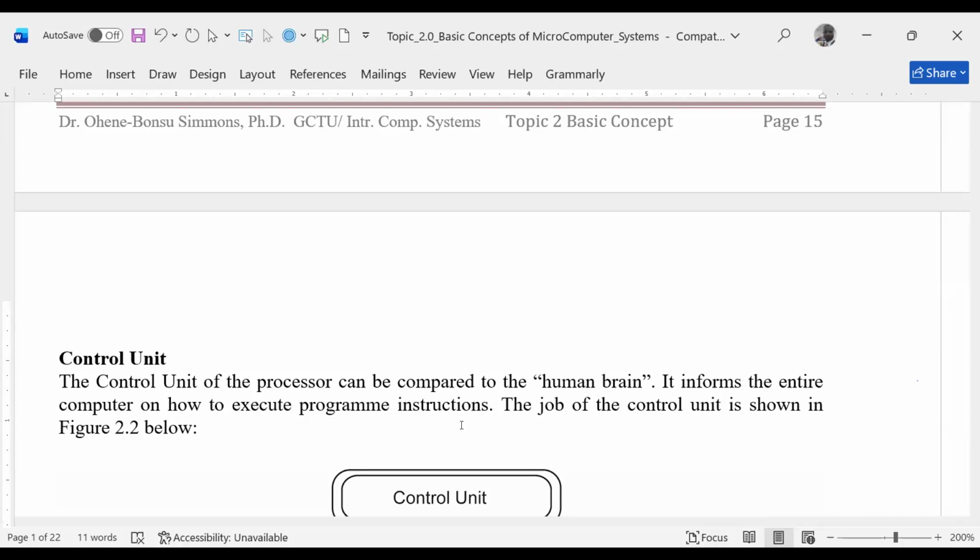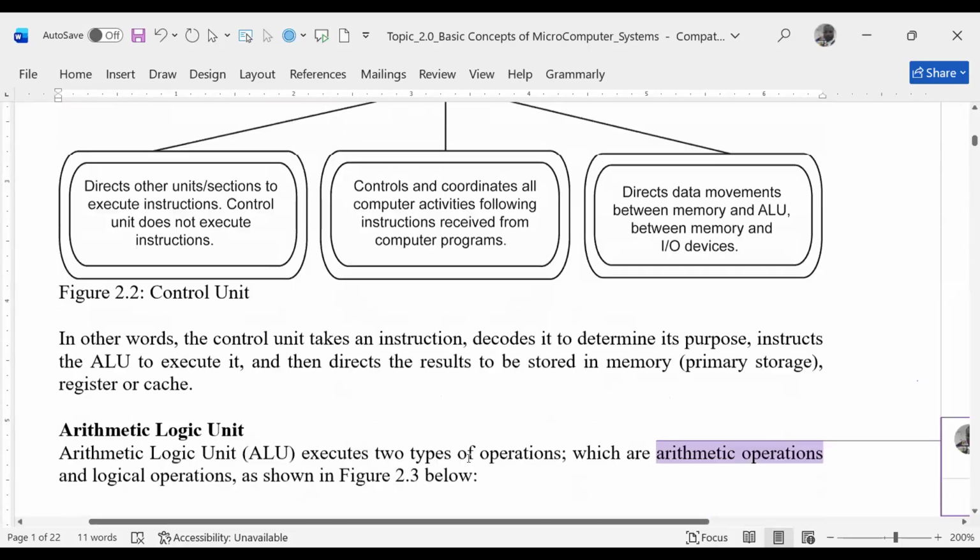The ALU performs logical operations and mathematical operations. I could not hear you well. So I said the ALU performs logical operations and mathematical operations, arithmetic as well as logical operations. Performs arithmetic and logical operations.